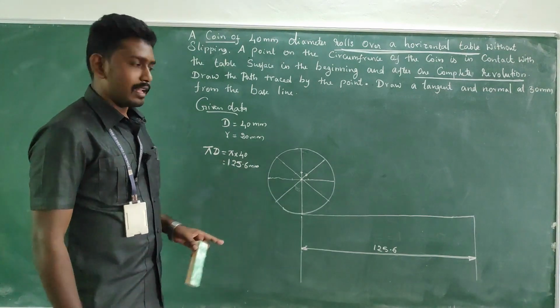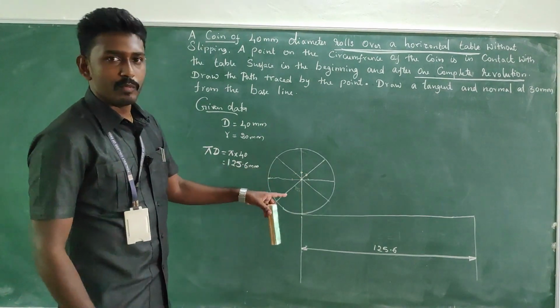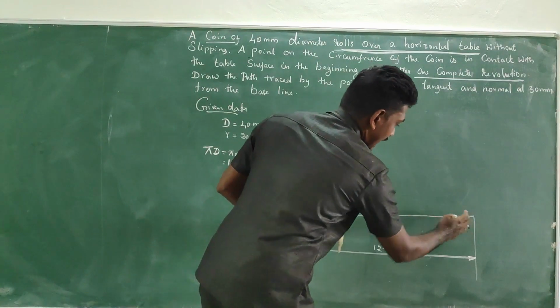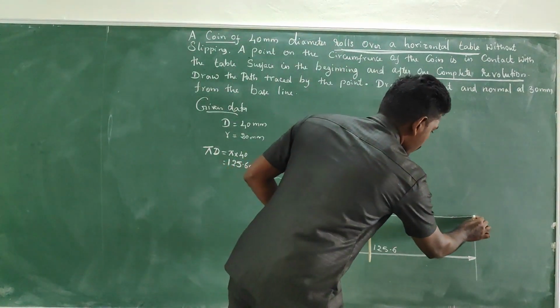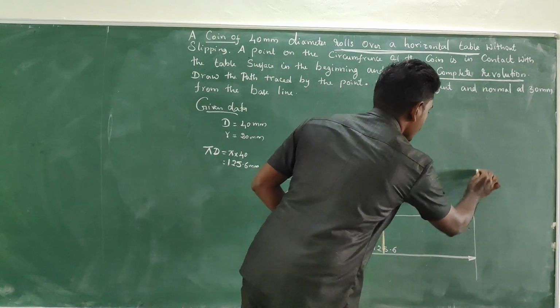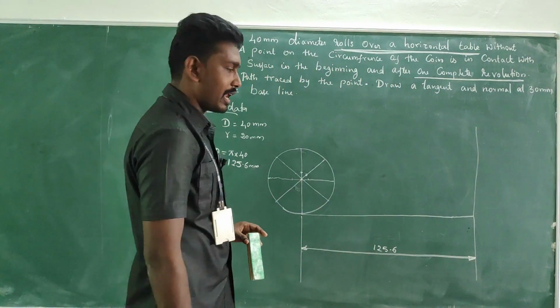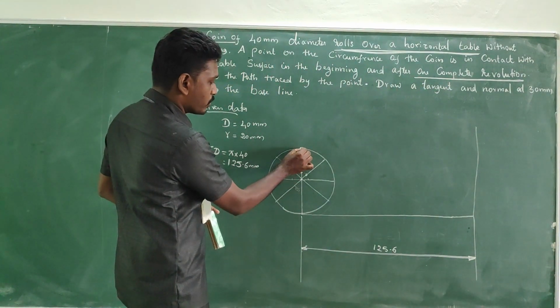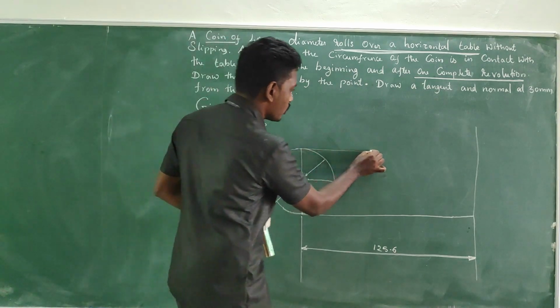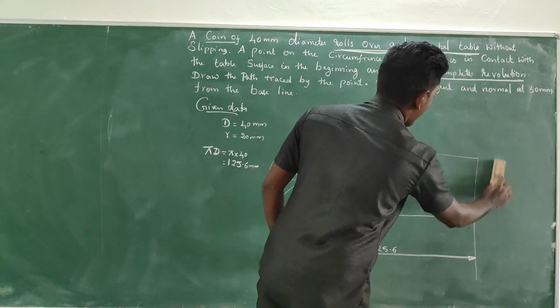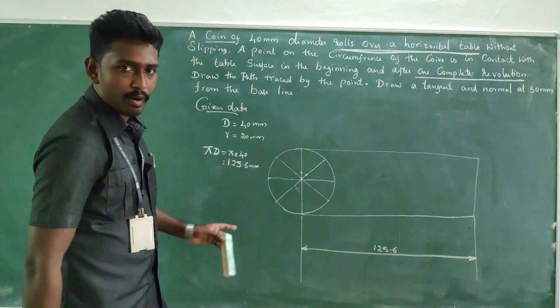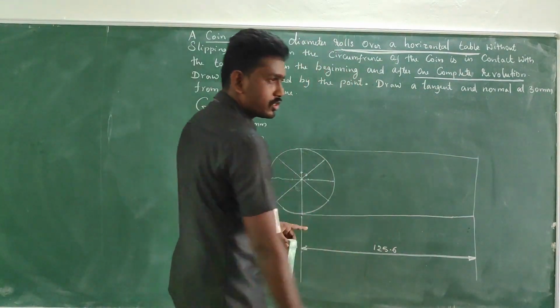In the same way as the circle, we must divide this path into 8 equal parts. For that, from this end you can have a 90 degree line, and from the topmost point you can have a horizontal line, so that you will get a boundary of the platform, right?